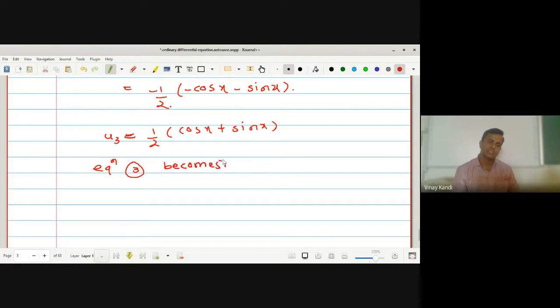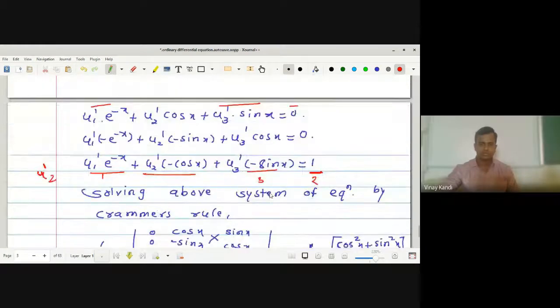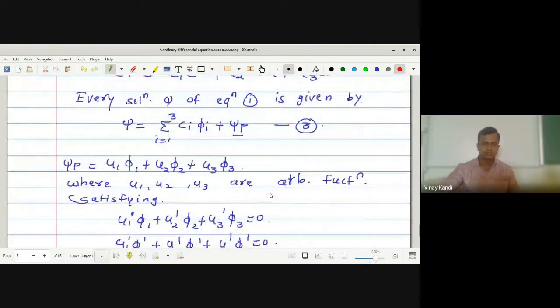What is equation 3? psi p is equal to u1 phi1 plus u2 phi2 plus u3 phi3. That is what it was, right? Yes, sir. Where is psi p?